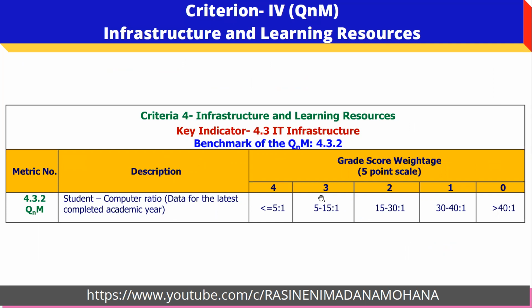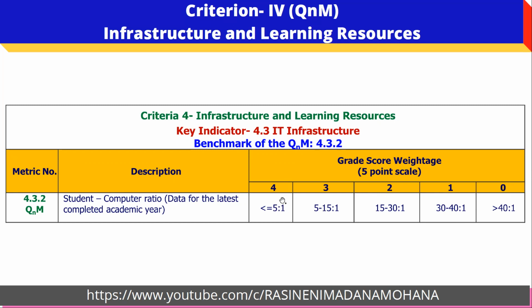If the ratio is 5 to 15:1, then the grade is 3. If it is 15 to 30:1, the grade is 2. If it is 30 to 40:1, the grade is 1. If the ratio is greater than 40:1, you will get 0.